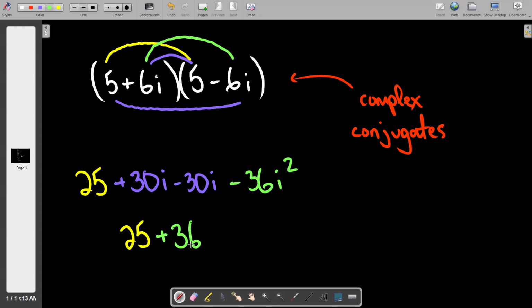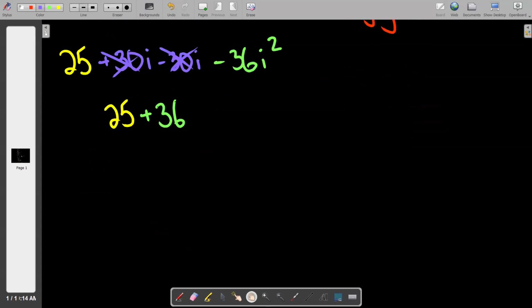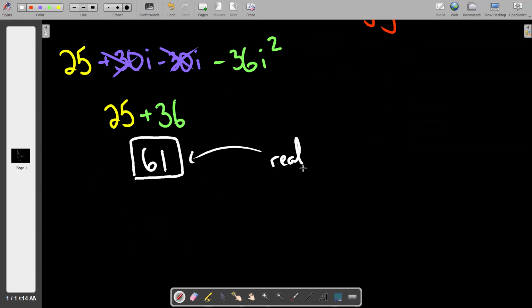But then you'll notice that the purple ones die. And that's why two complex conjugates multiply to make a real number, because the imaginary portions just cancel each other out naturally. And then when you add 25 and 36, you get 61. The moral of that story is two complex conjugates will always multiply to make a real answer.